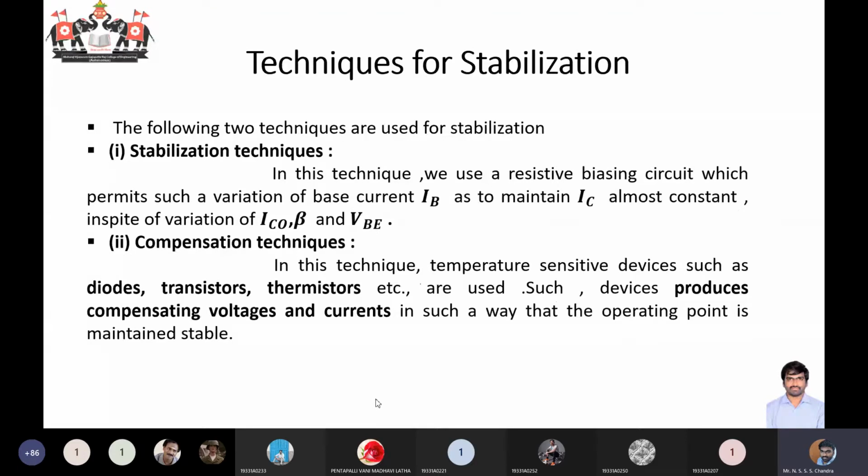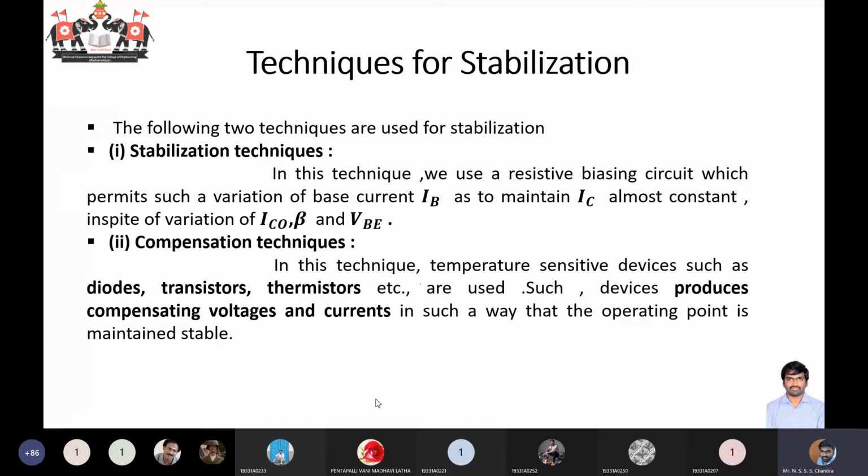which will be used to compensate for the changes in IC. We shall see that they will be connecting the circuit in such a way that if there is an increase in IC, they will produce a corresponding compensating voltage or current, such that the increase in IC will be compensated.